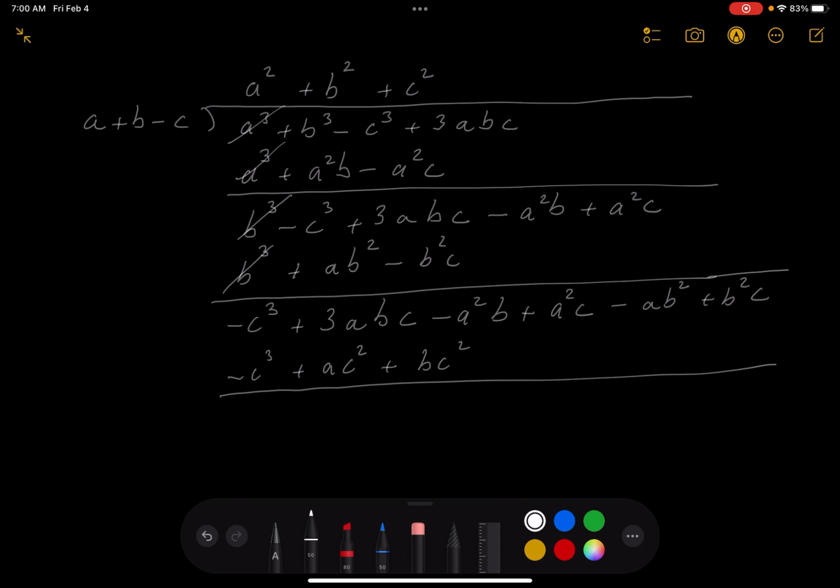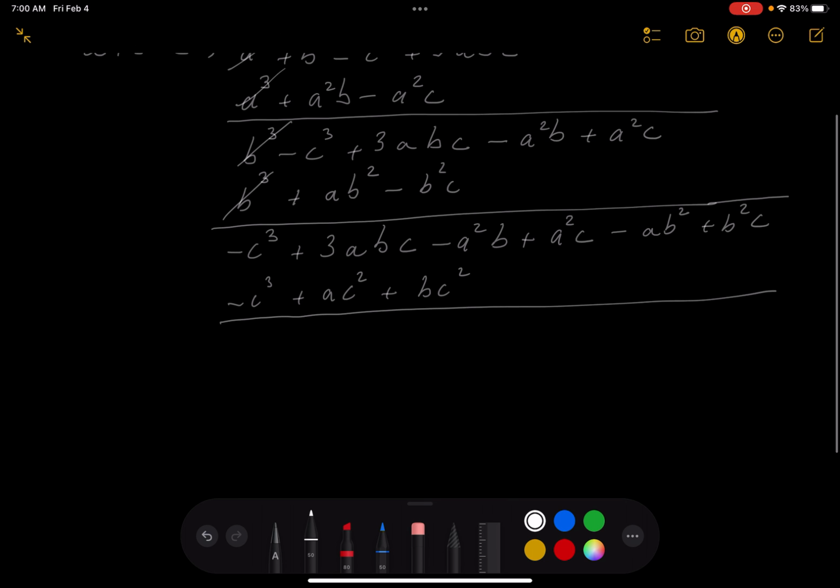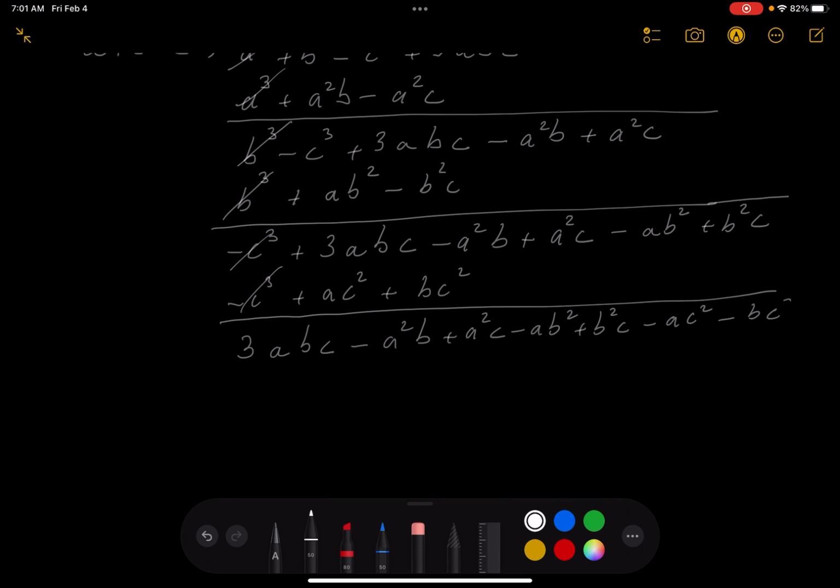I got the A squared, B squared, C squared. I guess I have to move on to another one, but this cancels off. And let's write down what you have over here: 3ABC minus A squared B plus A squared C minus AB squared plus B squared C minus AC squared minus BC squared.